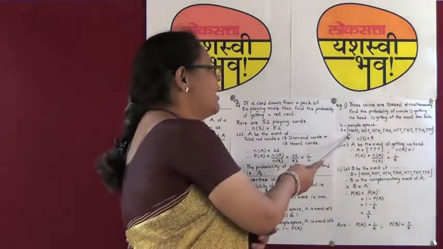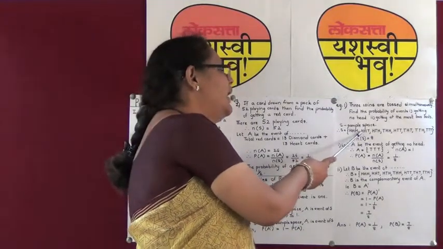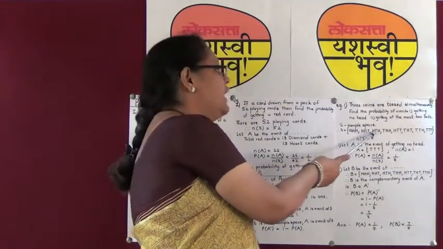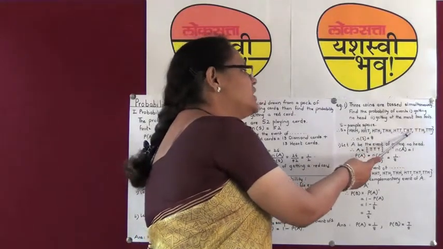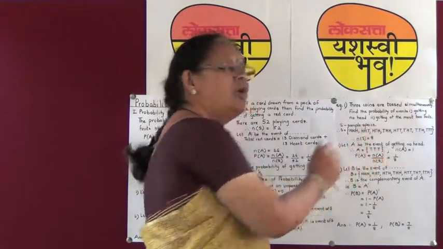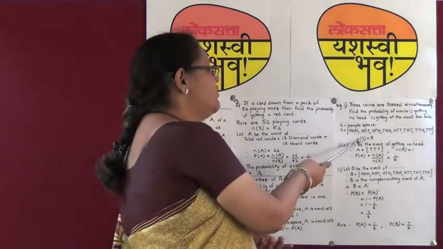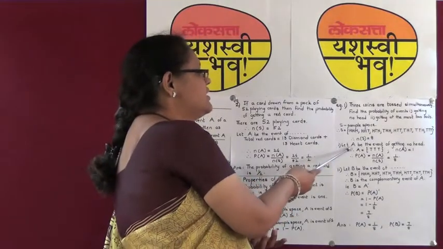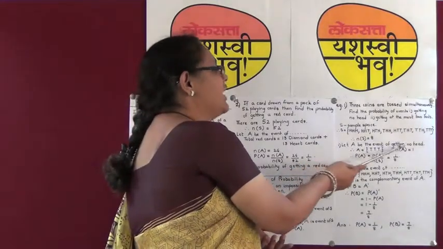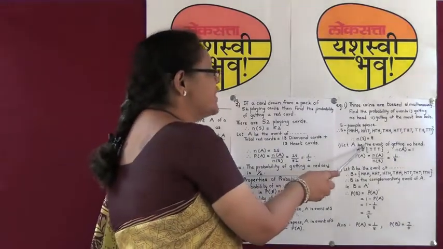The sample points are 3 heads on the 3 coins, or HHT, HTH, THH, HTT, THT, TTH, or the 3 tails on the 3 coins. So therefore the number of sample points would be 8. Let us first consider the event A of getting no head. Understand the sentence once again.